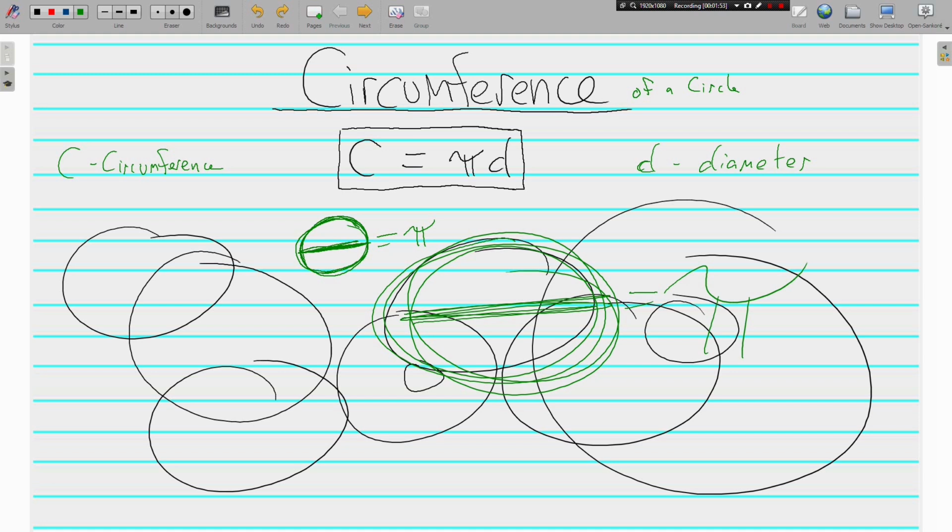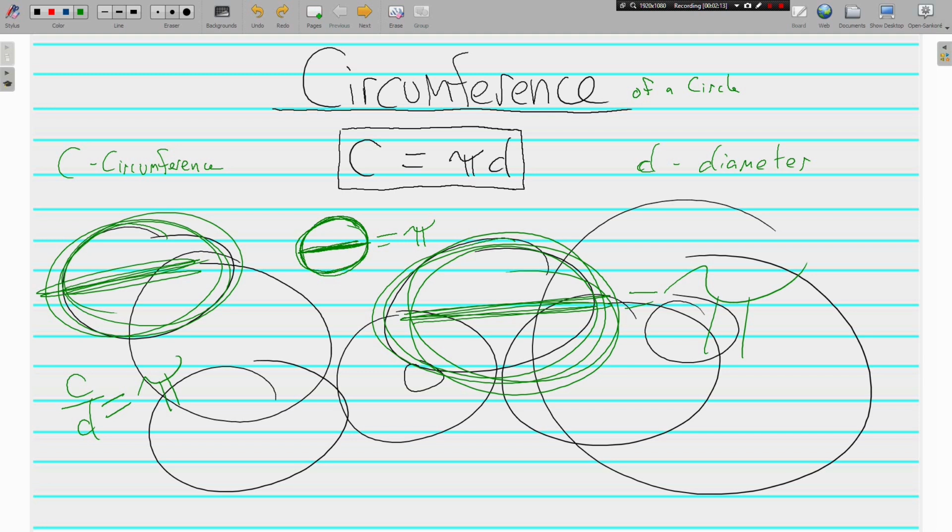We can't write pi as a fraction, so that's why it's irrational. Circumference divided by diameter is equal to pi.